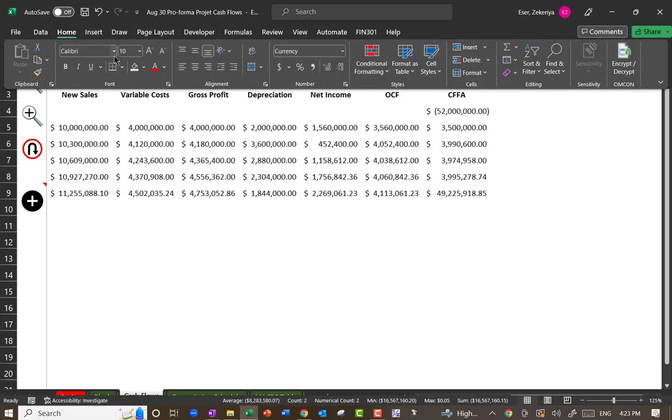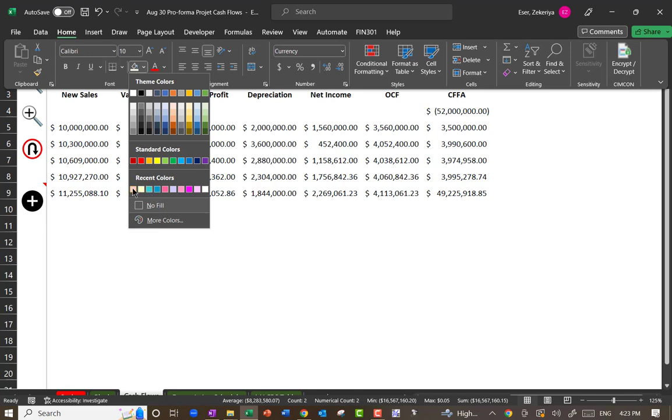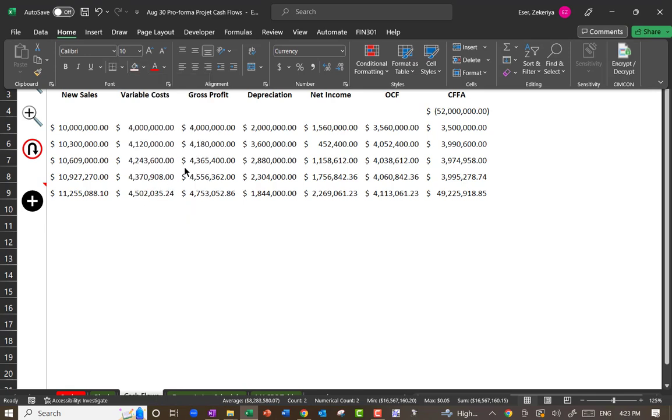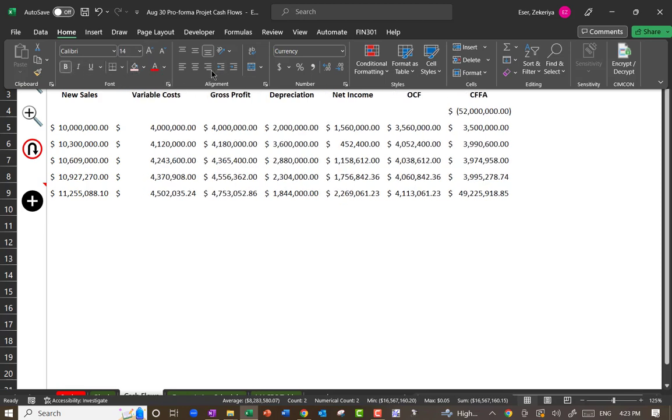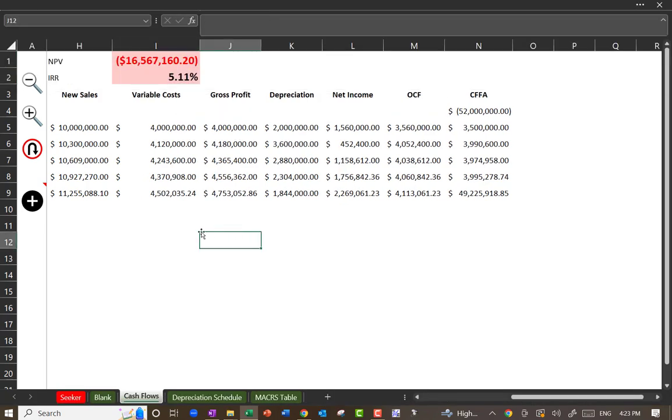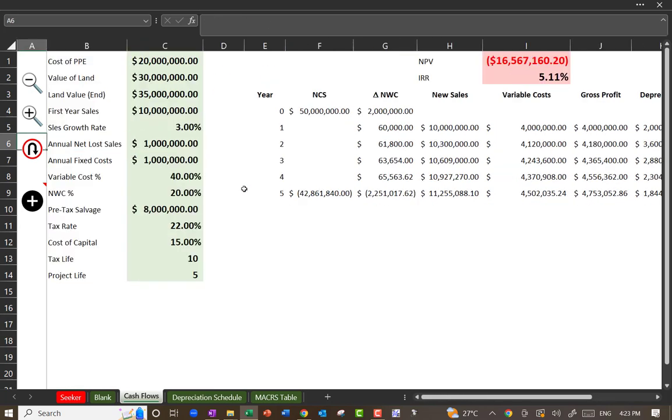And I'm gonna make these things live in rose-colored cells that are a bit bigger, bold. So if I change inputs, for example, first year sales, let's make them 20 million. Even at 20 million, you're losing money.